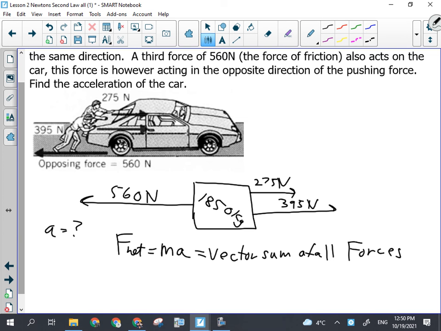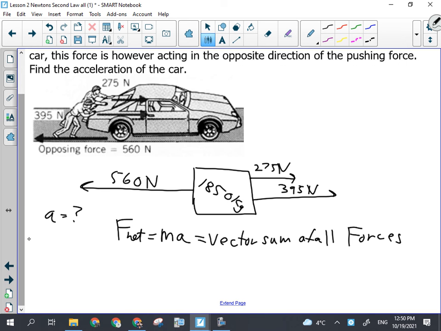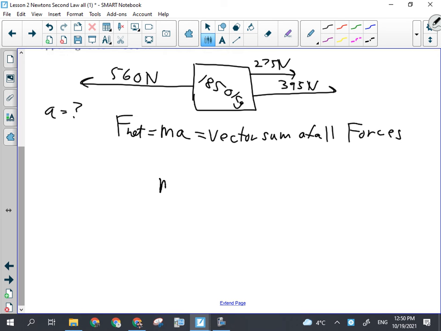It's not gonna add up to 0. So I've gotta find the vector sum of all the forces that are acting here. So I'm gonna say m times a equals 275 plus 395 plus negative 560. I've got one force that's backwards and two forces that are forwards. This will calculate the vector sum of those three forces.